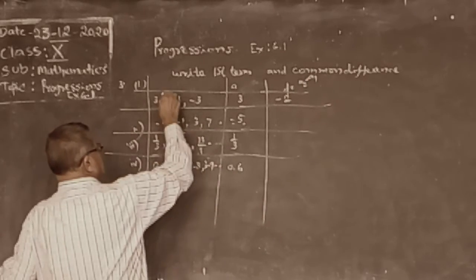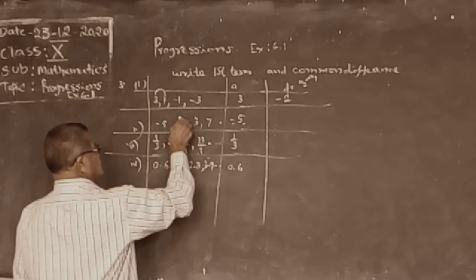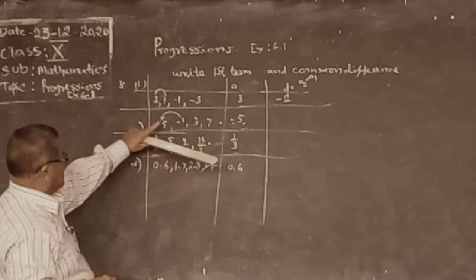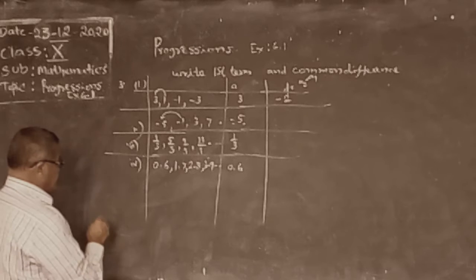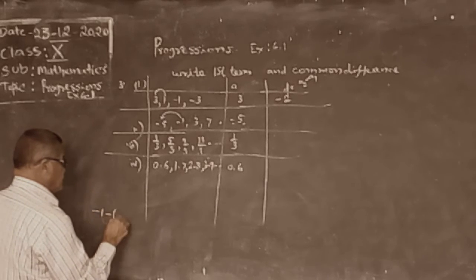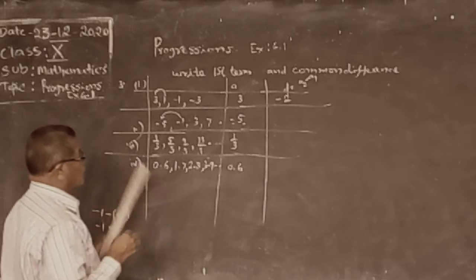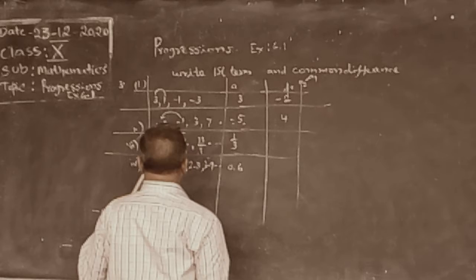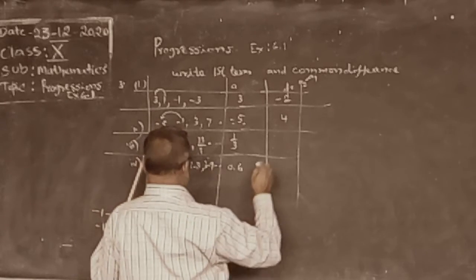Minus 1 minus 5... minus 1 plus 5, so plus 4. This is the difference 4 by 3.